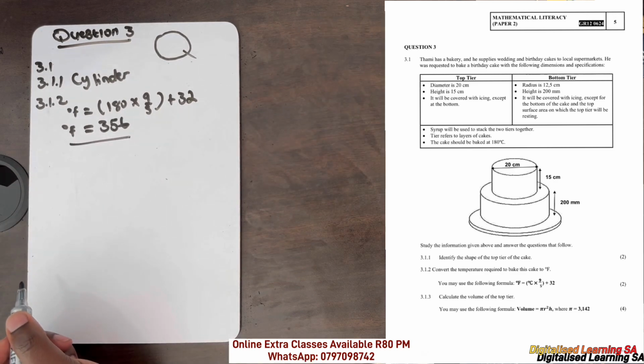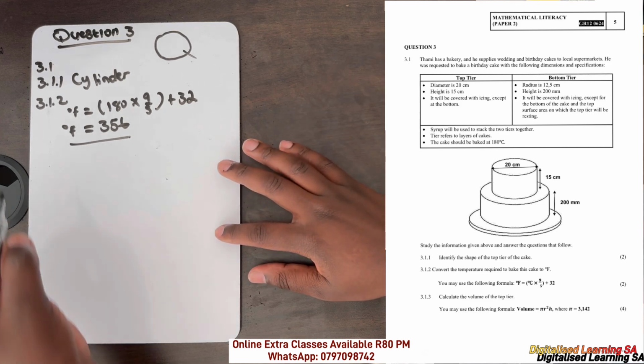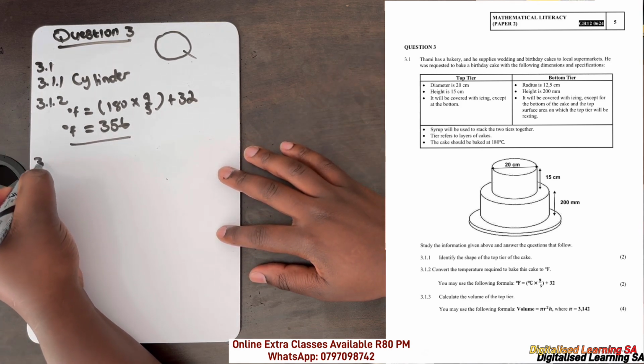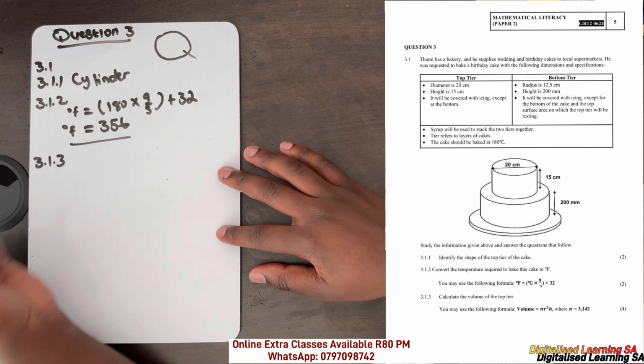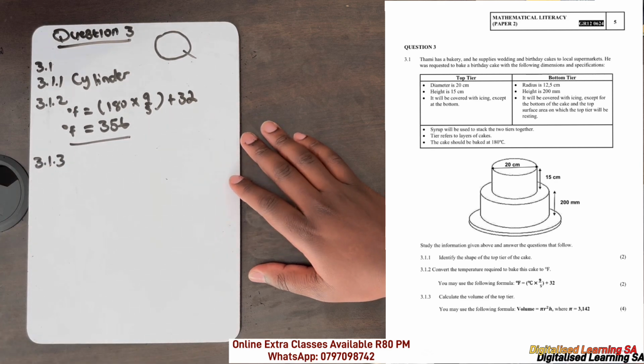Now let's move to the next question, question 3.1.3. It says to calculate the volume of the top tier.